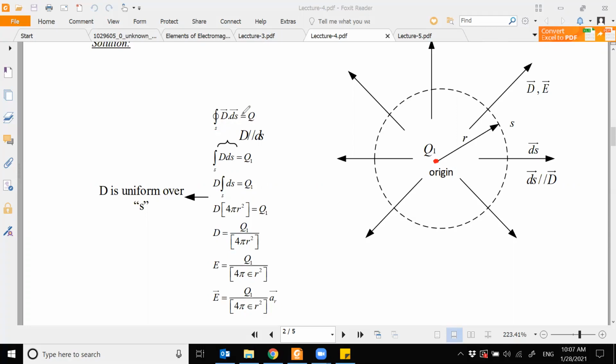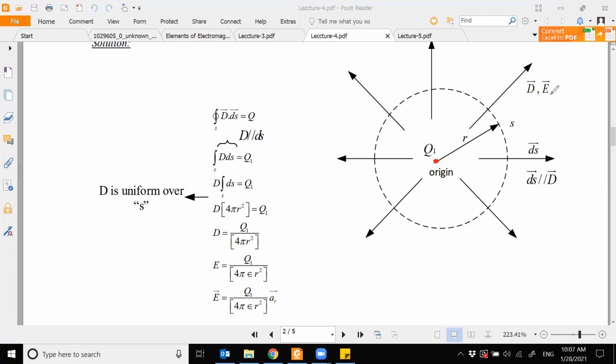Now we need to find D dot dS, right? So we need to find the electric flux density dot product with dS. We have seen that this is a spherical shell. Now what is the unit normal to this spherical shell?